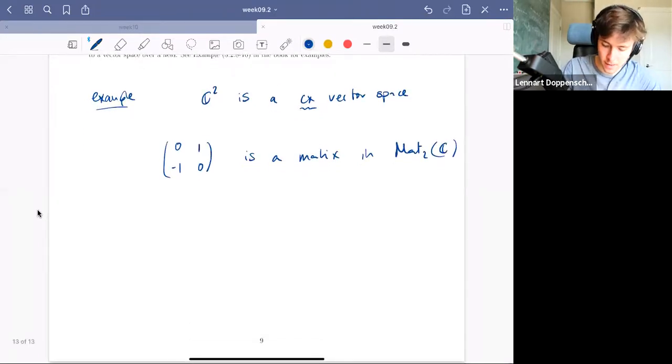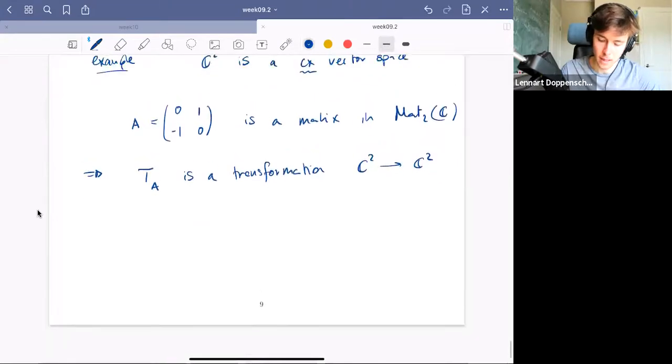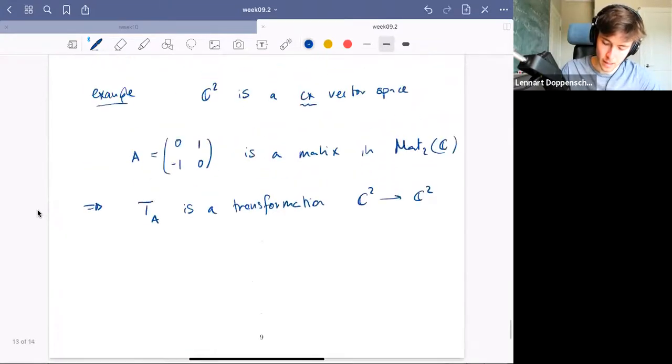And then this means in particular that T sub A is a transformation from C2 to C2. Everything is the same as before. We've seen these things before. Now only the field is different. And eigenvalues.